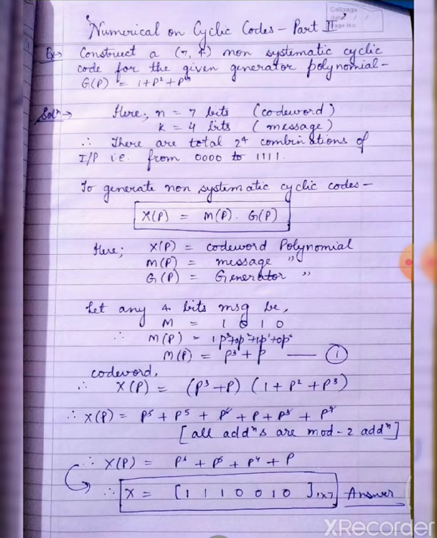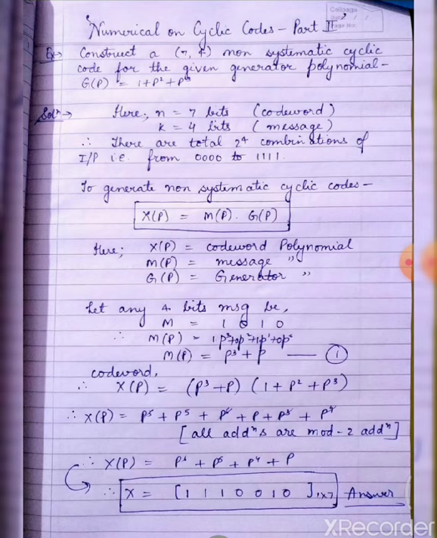Now the generated code word is in polynomial form, and we have to convert it into bits form. We know that the code word is of n bits and here the value of n is 7, so we will have 7 bits for the code word. Now start changing the polynomial into bits form. In the polynomial we don't have p to the power 0, so the coefficient for p to the power 0 will be 0.